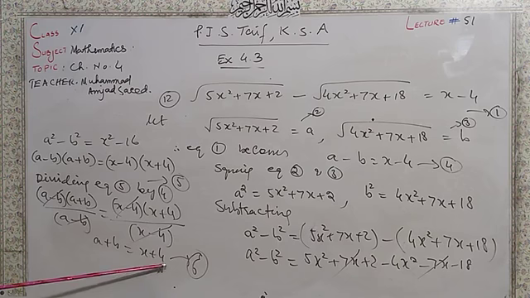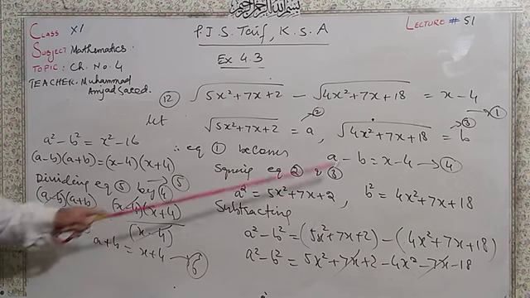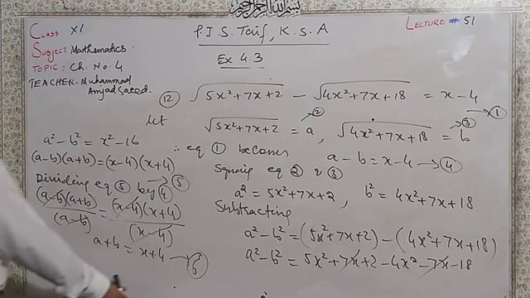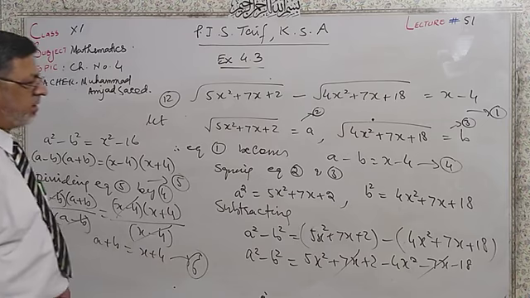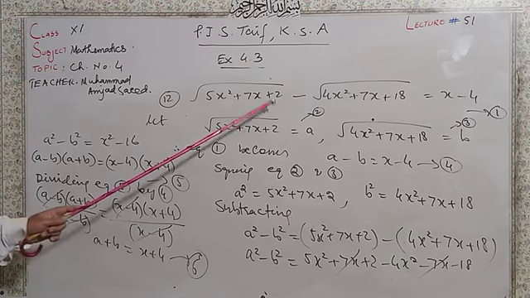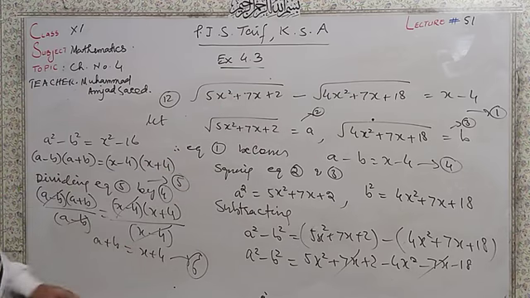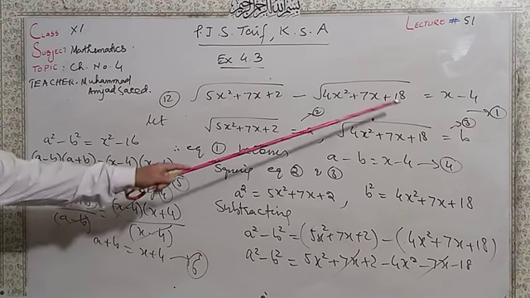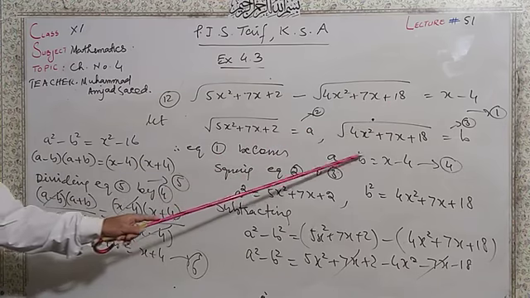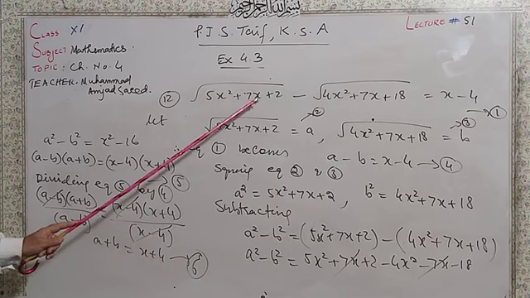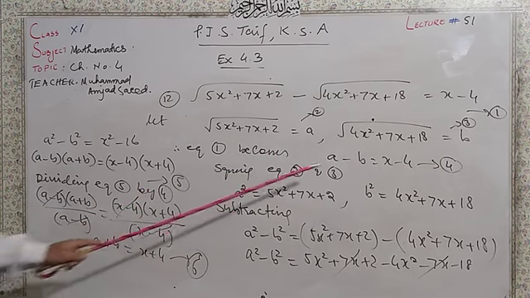Now, by solving equations 4 and 6 simultaneously, we can find our required answer. Dear students, first we took the first radical as a and the second one as b. Then using the values in equation number 1, we got a minus b equal to x minus 4, this is equation 4. Then squaring equations 2 and 3.